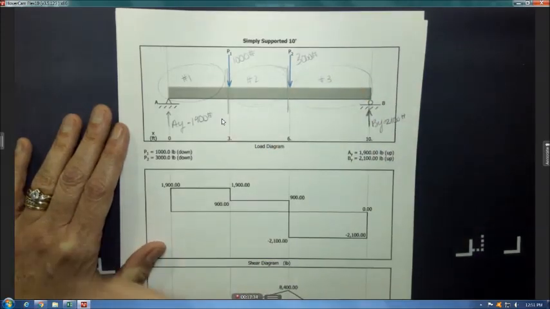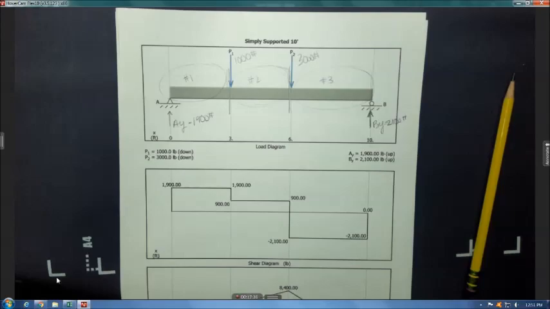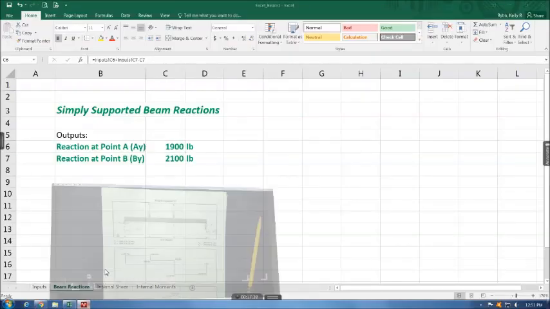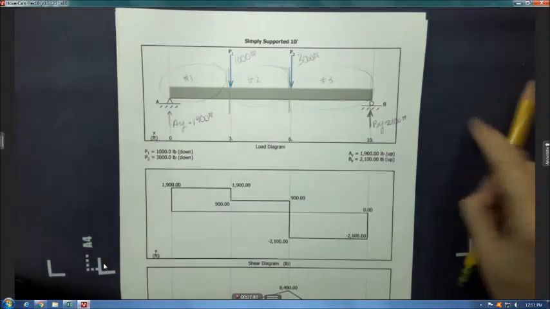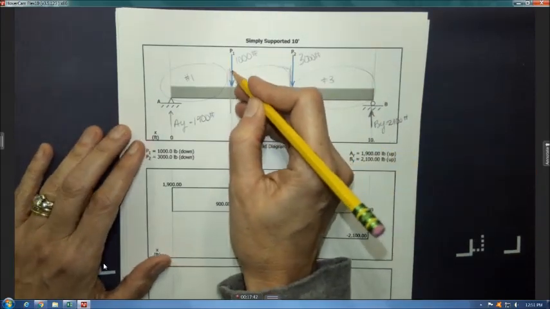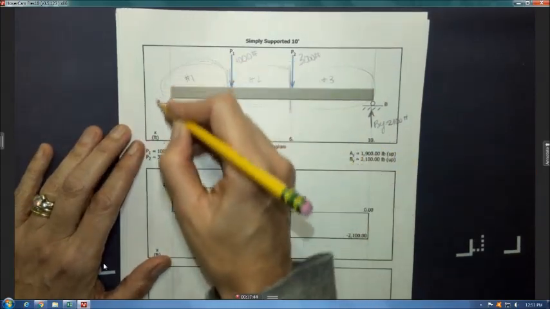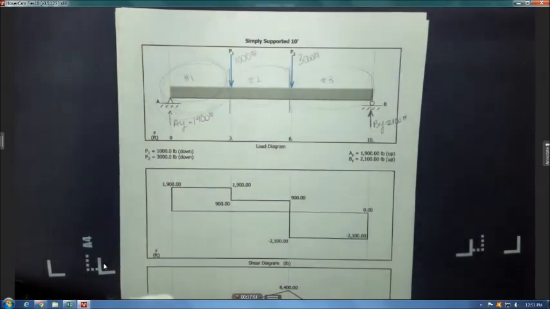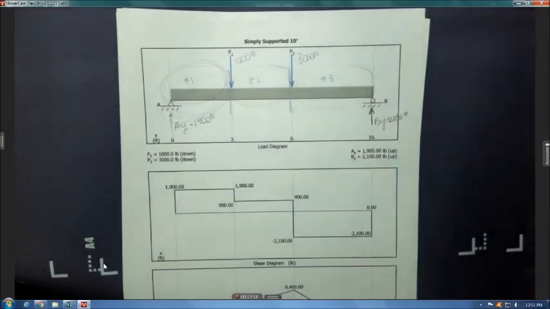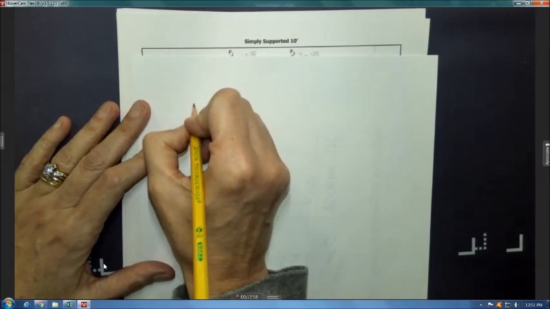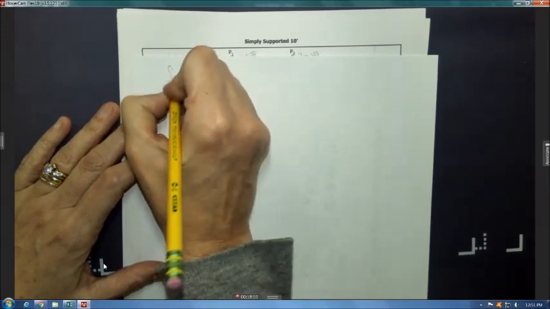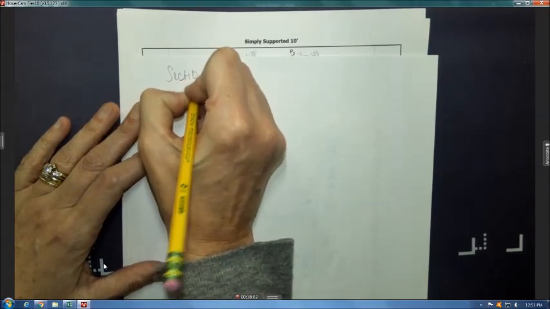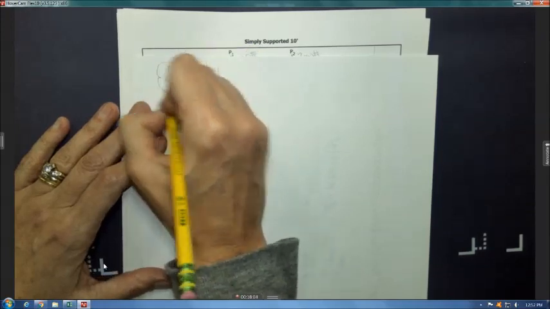Okay? So what I'm going to do now is draw the free body diagram to look at the internal forces for this first section first. This is kind of taking us back a little ways to chapter 10 in our book. So I am going to redraw, and I'm going to call this section number 1.